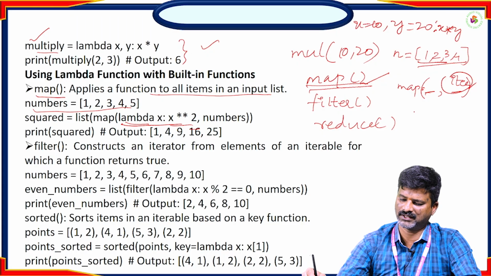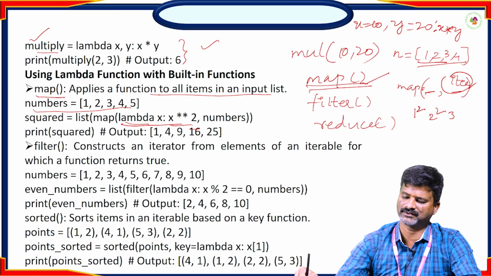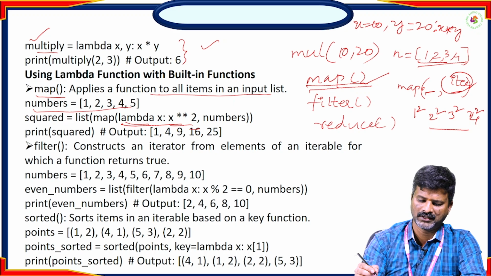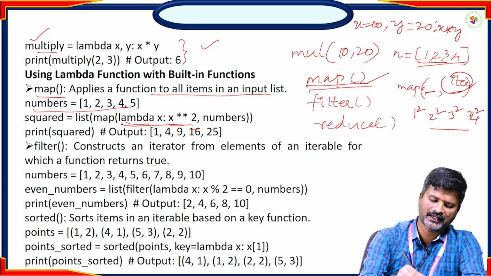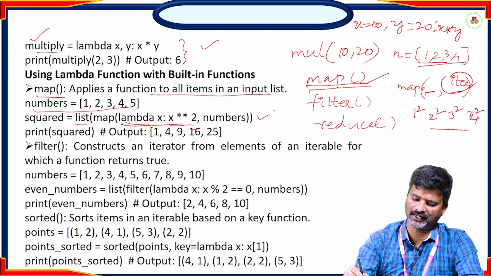So one will be considered first, 1 square will be performed, then the second element will be considered, 2 square will be performed, next 3 square, then 4 square, like this one after the other will be performed. And if you are not using list, which is a built-in function, it will return an iterator object.